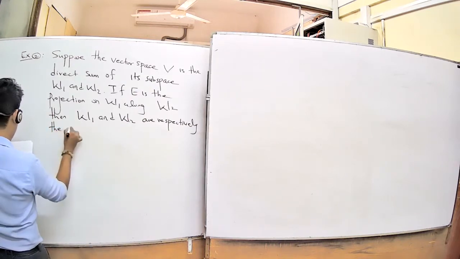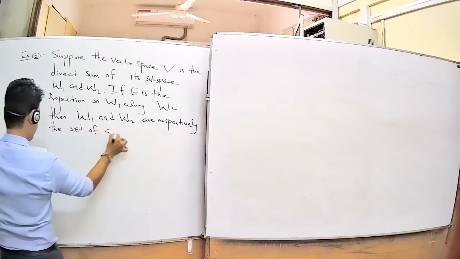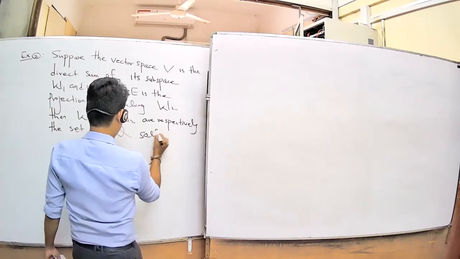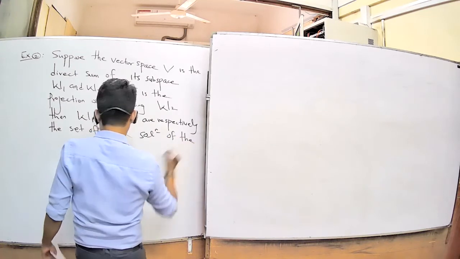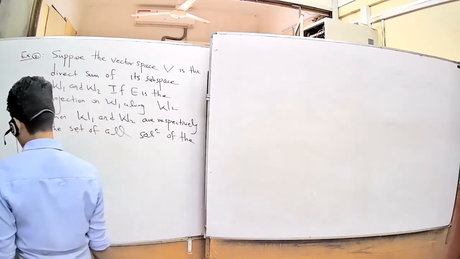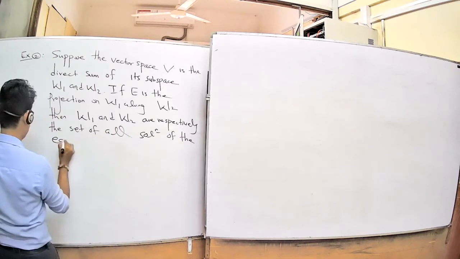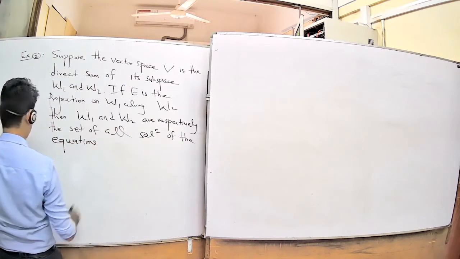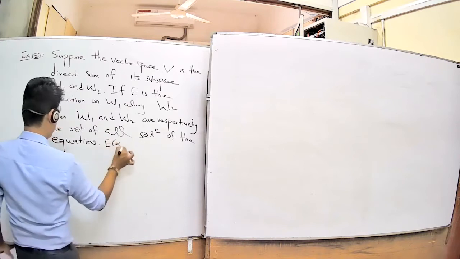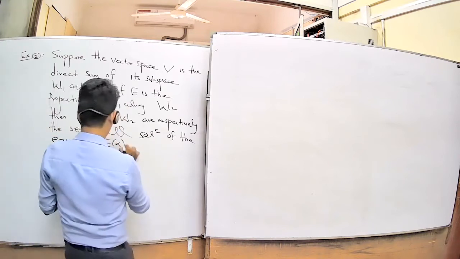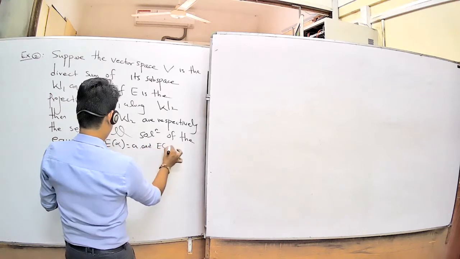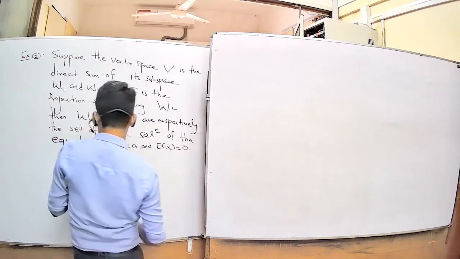The equations are these: E alpha equals alpha and E alpha equals 0.